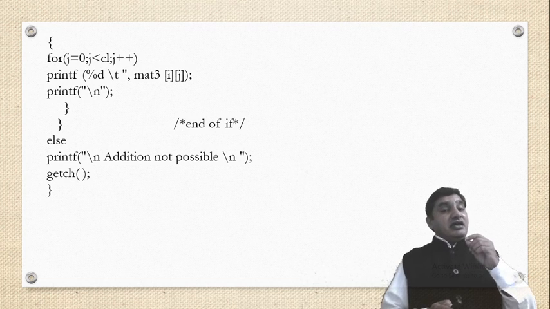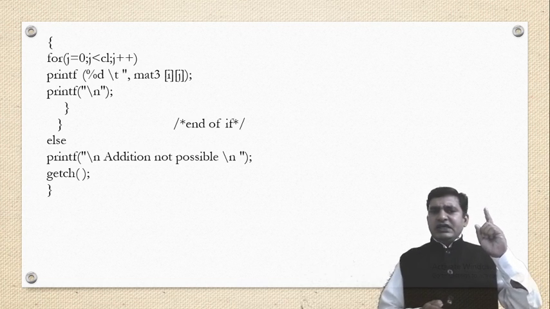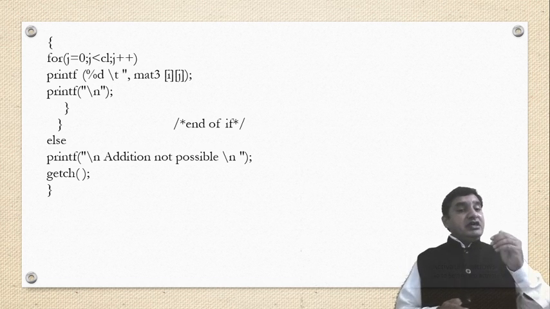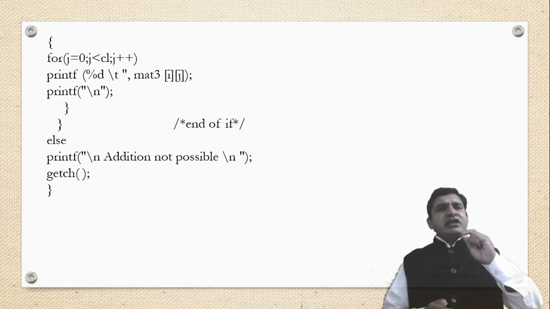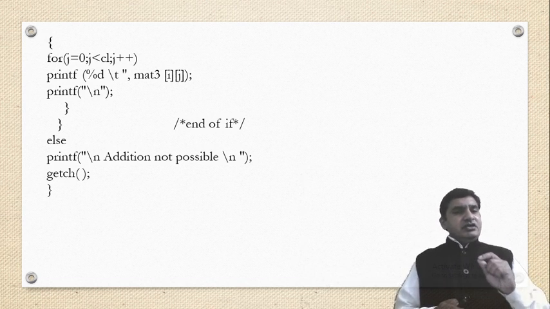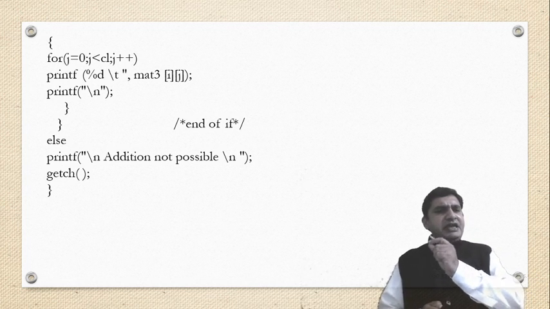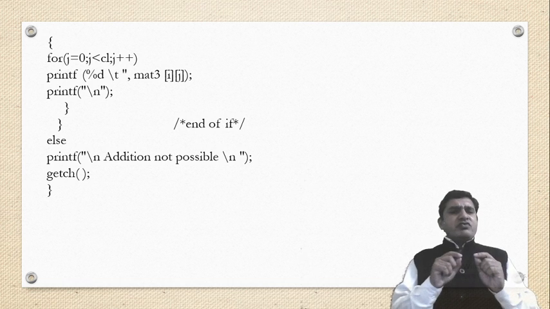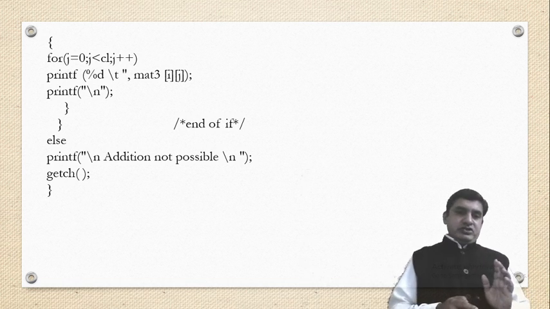Here we use an if else statement. In the if we consider r1 is equal to r2, with a logical AND of r1 is equal to r2 with c1 is equal to c2.